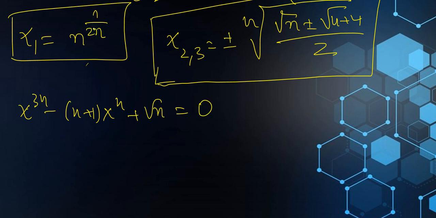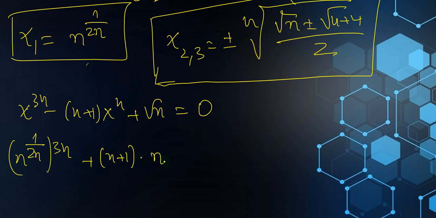If x is this one here, we're gonna say that this is then n, right, to the power of 1 over 2n. This is to the power of 3n, and then plus n plus 1 here, and then times x, which is n to the power 1 over 2n, and then this is times n, and then plus square root of n here. So sorry, my bad here, guys. This is negative here, right? So now this is equal to 0.